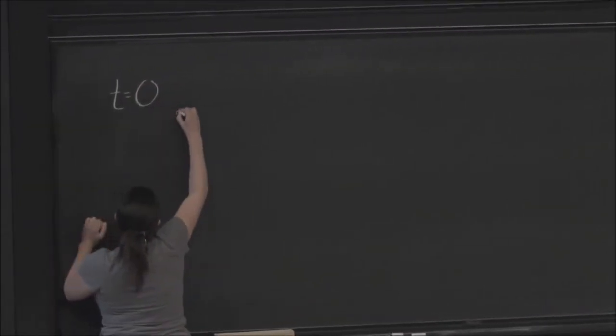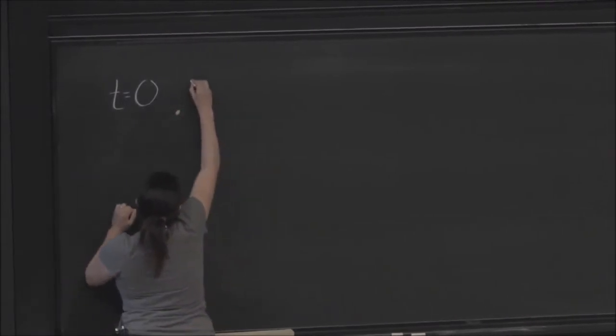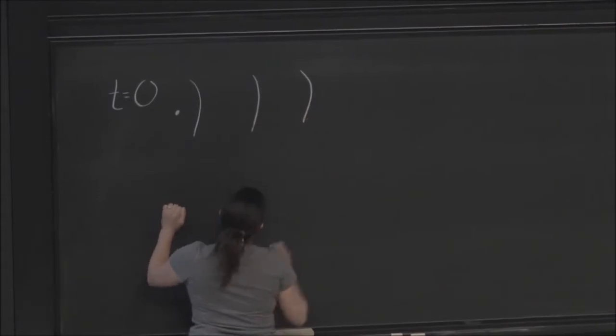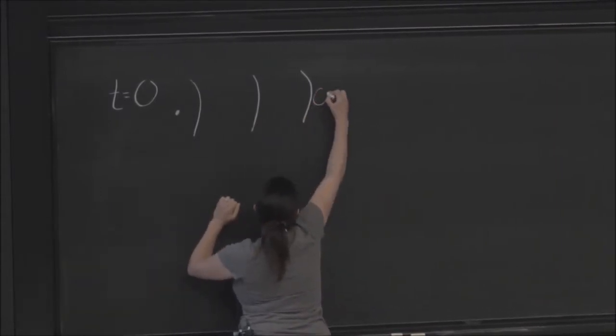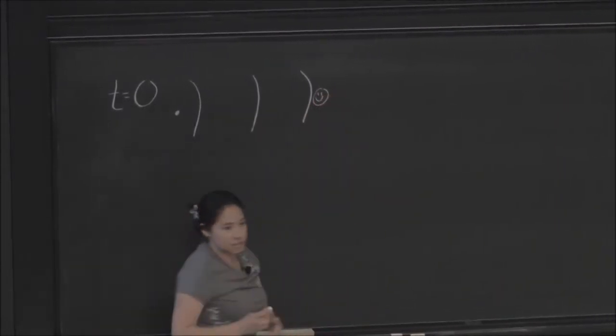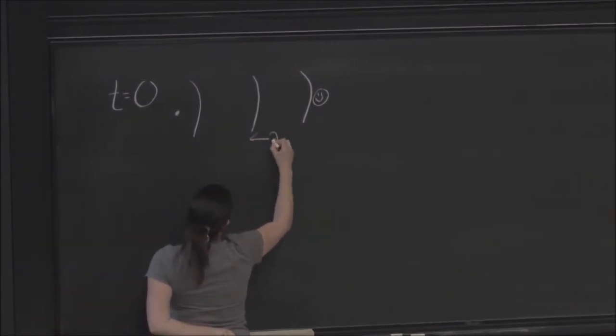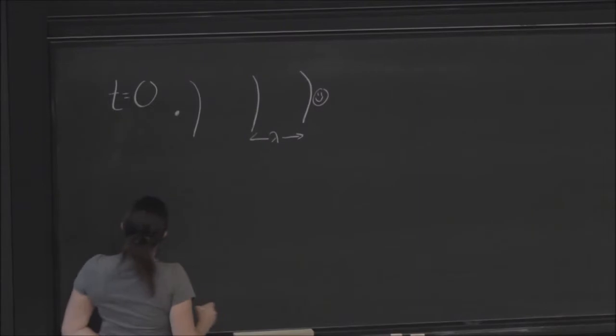Okay, so if we have our source here, and it's emitting waves, and this is our listener right here, okay? And we'll say the distance between these crests is lambda.